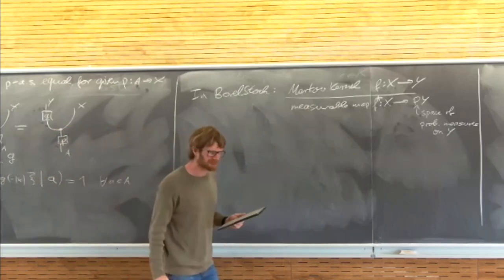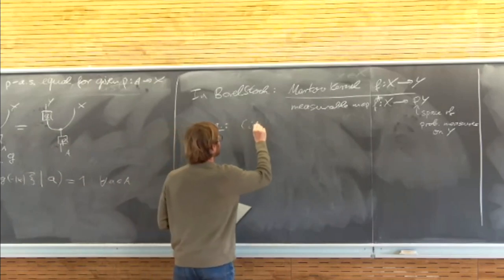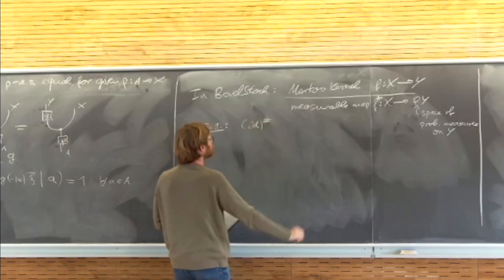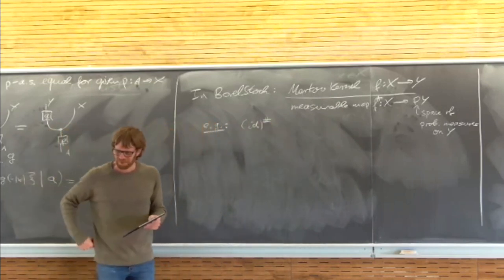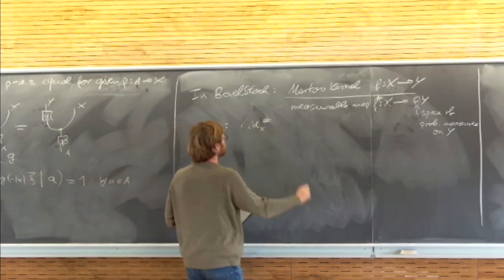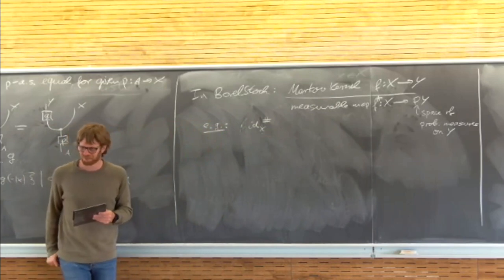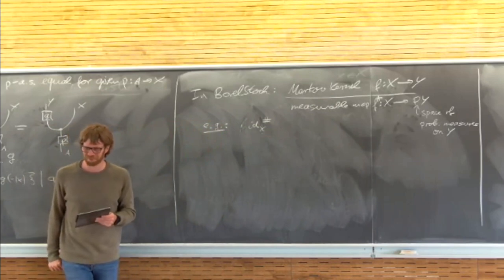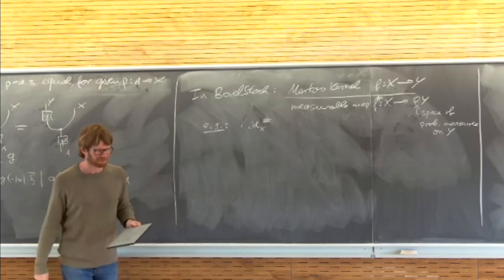So as a quick exercise question, what is the counterpart of the identity on some standard Borel space X? What do you think the sharp of its identity is going to be? Exactly.